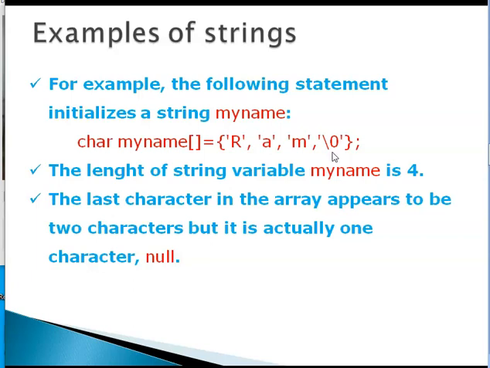It appears to be two characters, but it is actually one character. So the length of this string is 4. We saw that when the length is omitted, it will be computed from the number of elements. You need to carefully note that the last character in a string is \0, which is the null character.